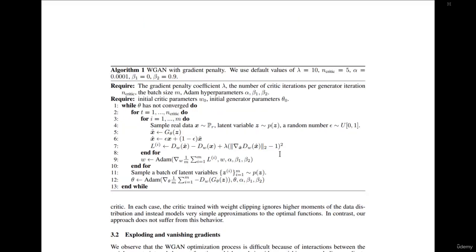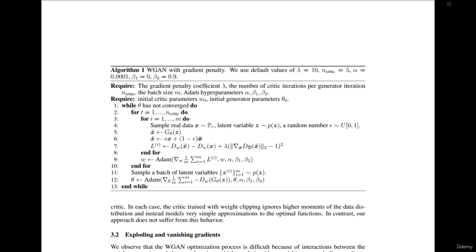This gradient penalty, as you could see right here, is made of the gradient of the output of the discriminator network when it takes as input this mixture, which we call, say, x-hat, of the real data and the fake data.